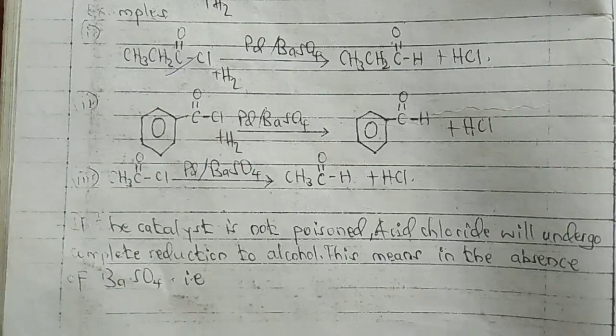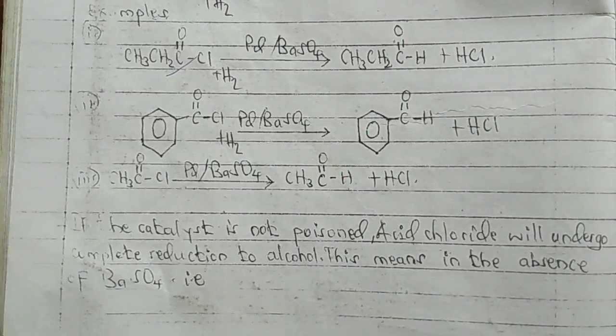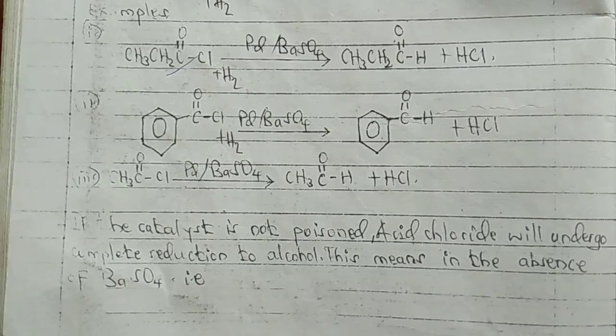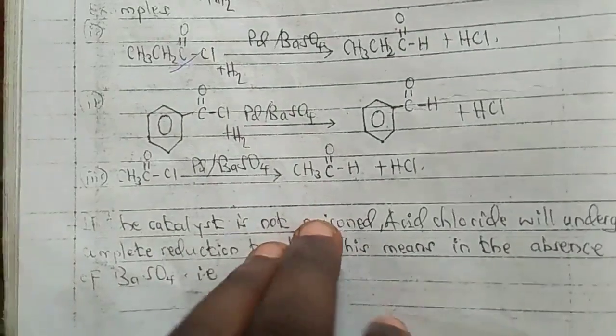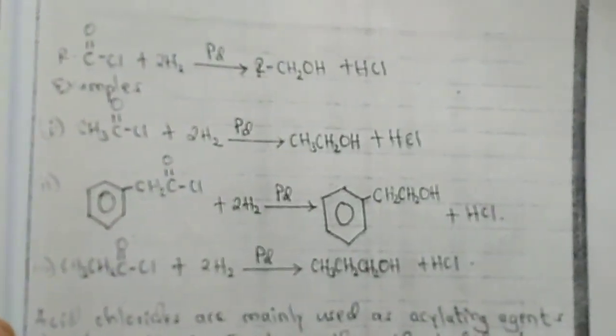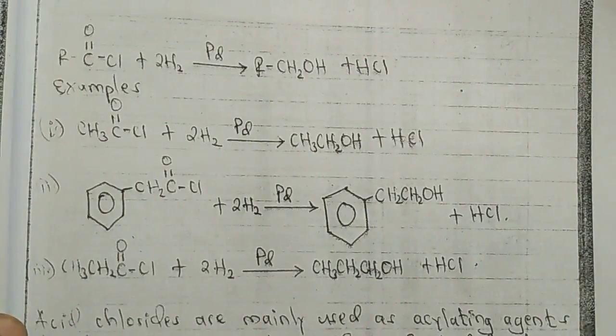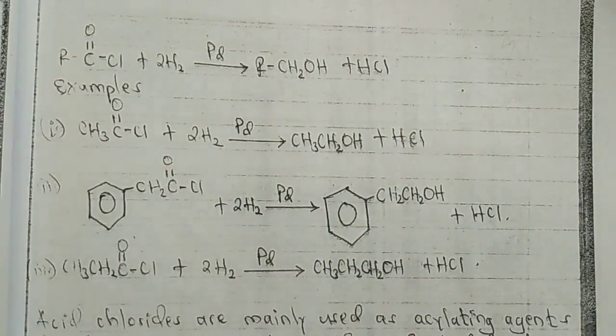Hii tunapata aldehyde, lakini kama tungetumia palladium yenyewe bila kuifanyia poisoning, basi tungepata jibu la mwisho ambalo lingekuwa ni alcohol. Unaona reaction kama hizo hapo zinakuwa zinaonekana kama hivi, tumetumia palladium bila kuipoison, so tunaenda kupata final product ikiwa ni alcohol.